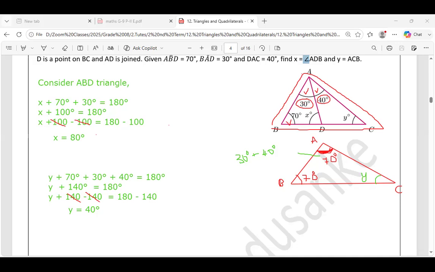Okay. So let's do this. I will clear this one. Okay, clear now.